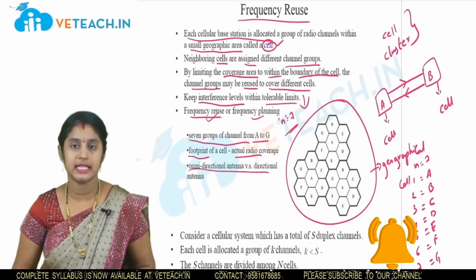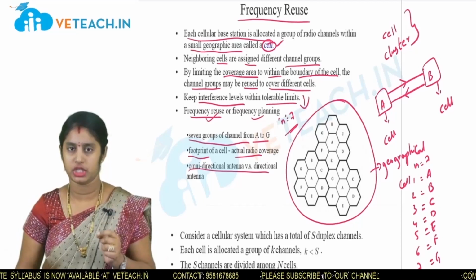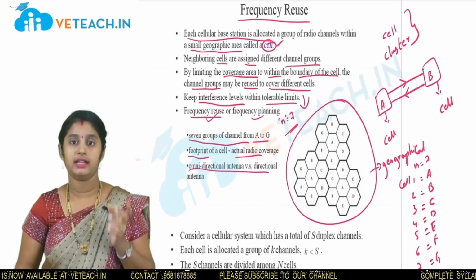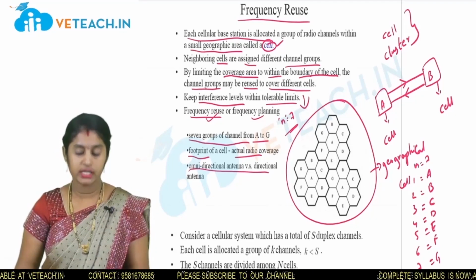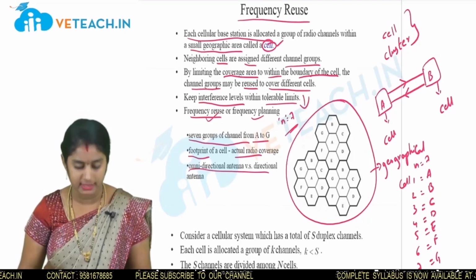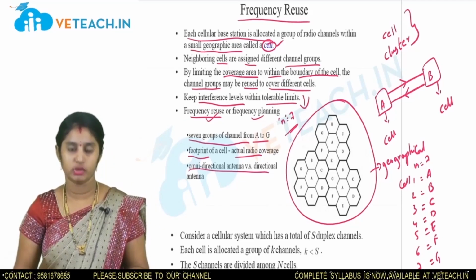As we discussed in earlier classes, each and every cell, each and every base station needs to have some type of antenna, and the antenna may be any of the types depending upon the requirement. Here we are considering two types of antennas, omnidirectional antenna versus directional antenna. These two types of antennas are used here.